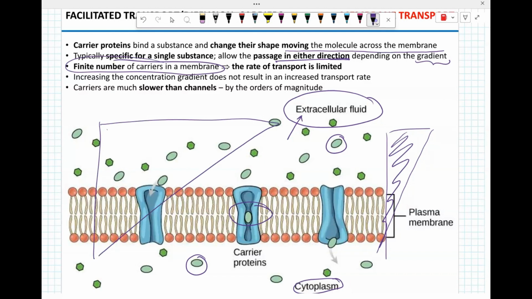The rate of the diffusion will remain constant because increased steepness of the gradient doesn't matter. You only have so many carriers. Another important feature of carriers is that they are dramatically slower compared to the channels. We're talking about 10 times slower.